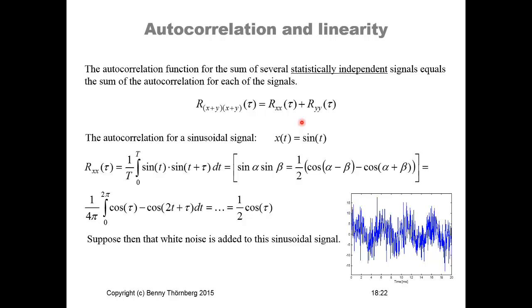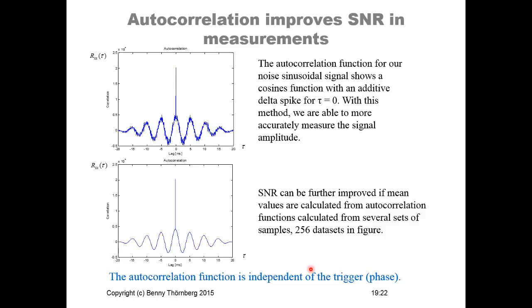Then we should be able to add this cosine waveform with the delta function that we concluded earlier was the result of the autocorrelation function for the white noise. So let's have a look at the analysis on the next slide.